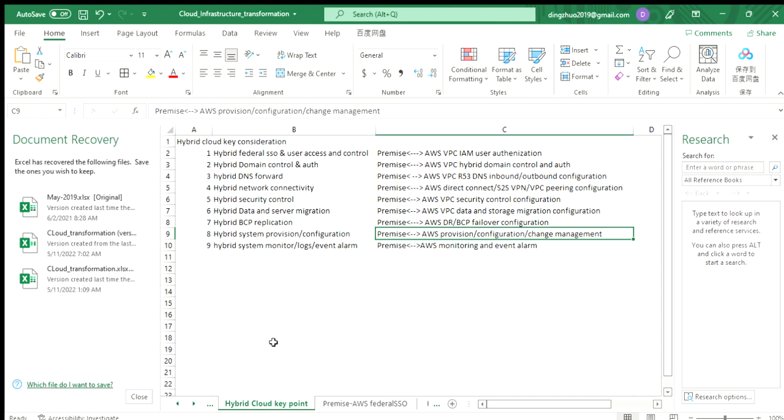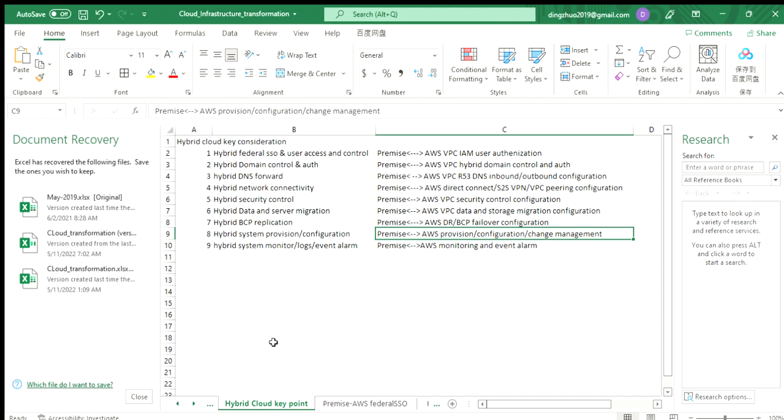So that's number one. Number two is domain control and authentication. If we are going to migrate data, or do file sharing from the existing premises to the cloud, we need domain controls, a two-way forest trust, set up between the premises and the AWS cloud.